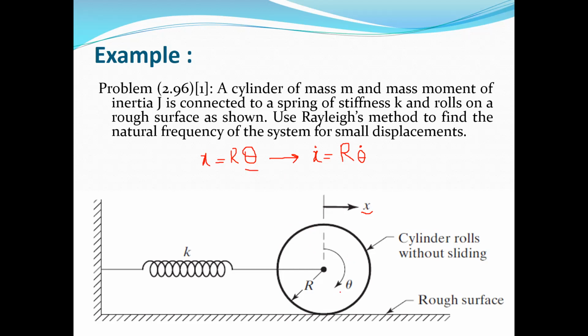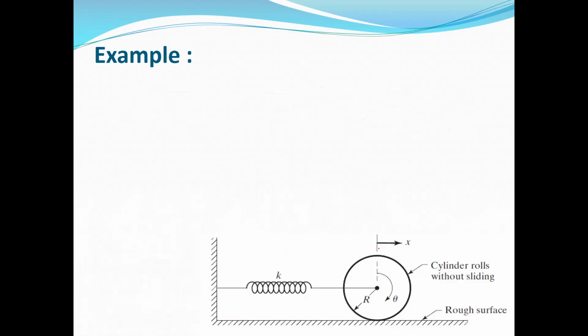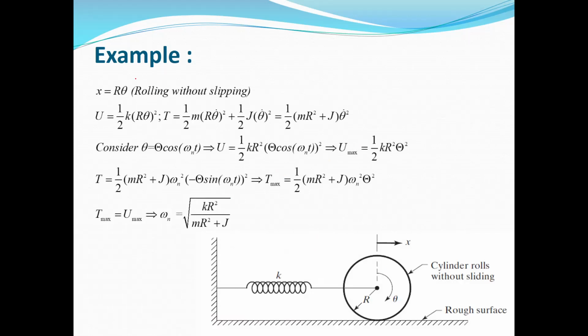So we can use theta to define all of the displacements and velocities. And by using theta, we can write the kinetic energy and potential energy for this system. As I told you, the translational displacement is equal to the radius times theta because there is no slipping during the motion.